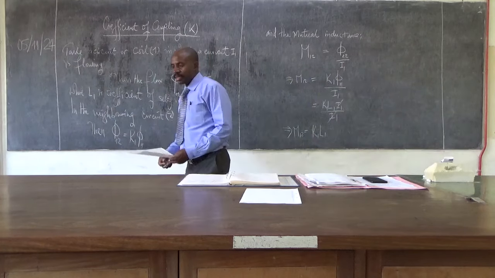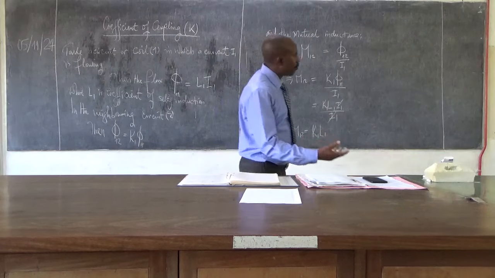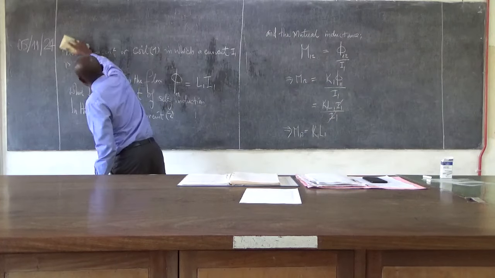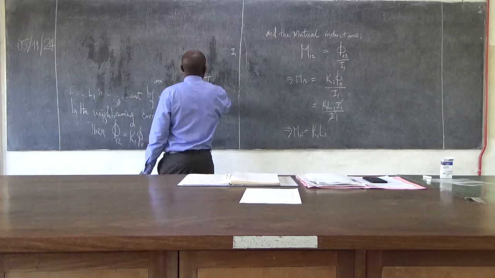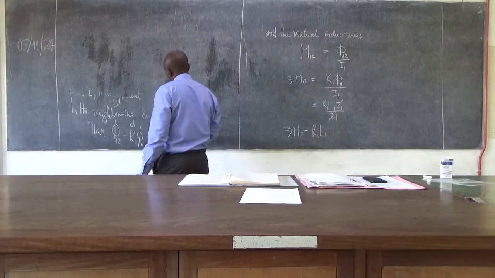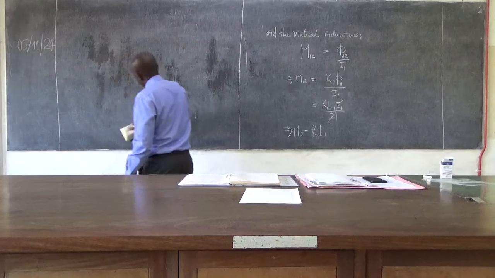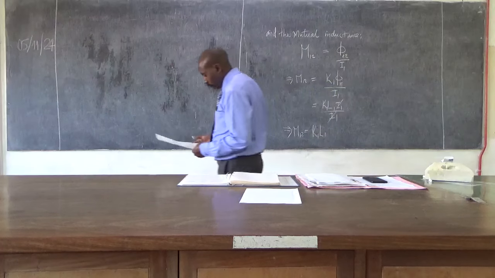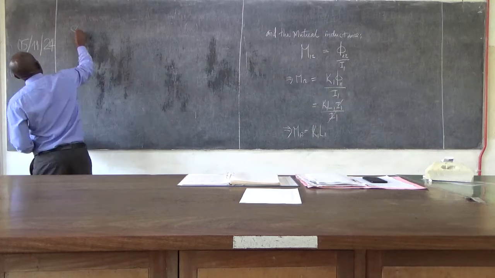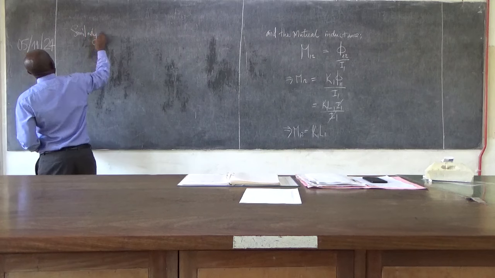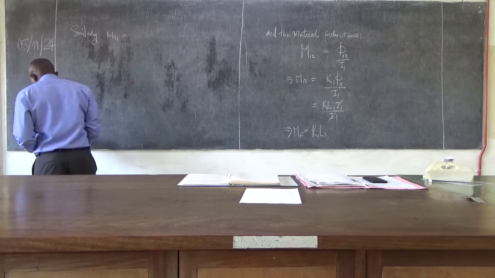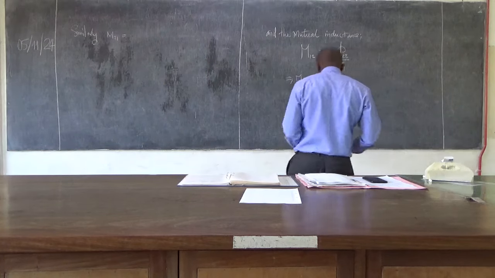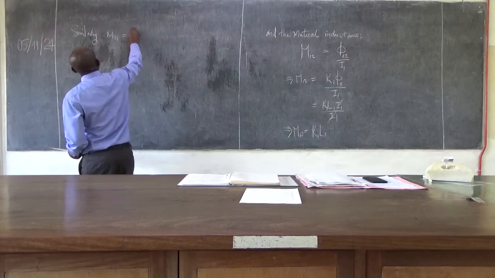Similarly, much as we say that M12 equals M21, M21 would be the same as, here we see M12 being K1 L1, so M21 would be the same as K2 L2.